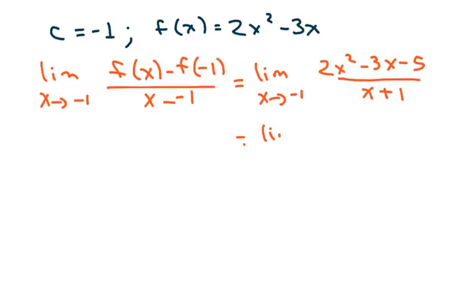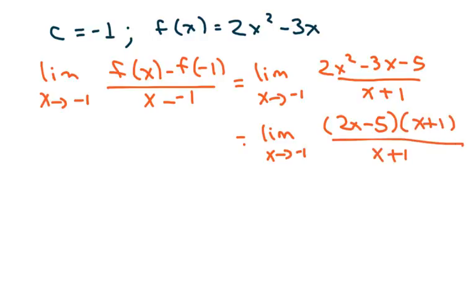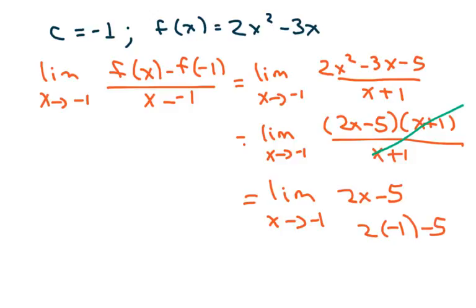I'm going to factor the numerator, and this is going to factor out as 2x minus 5 times x plus 1 over x plus 1. These two cancel, so we're back to the limit as x approaches negative 1 of 2x minus 5. Plug in the negative 1 here. I'm just going to do it here. So the limit as x approaches negative 1 equals negative 7.